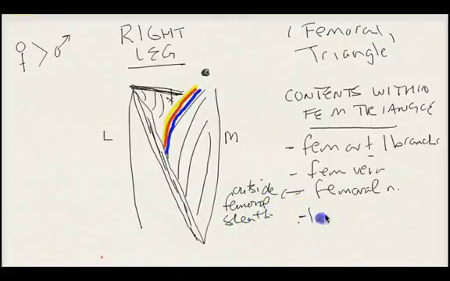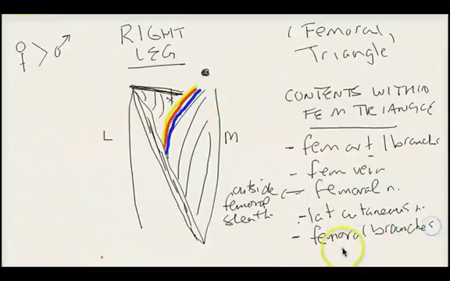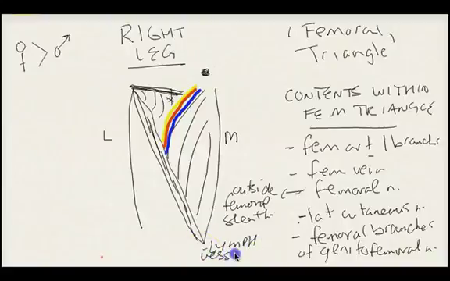We have the lateral cutaneous nerve. We have the femoral branches of the genitofemoral nerve. And we have lymph vessels. And we also have the inguinal lymph nodes. Okay, so those are some of the most important contents within our femoral triangle.